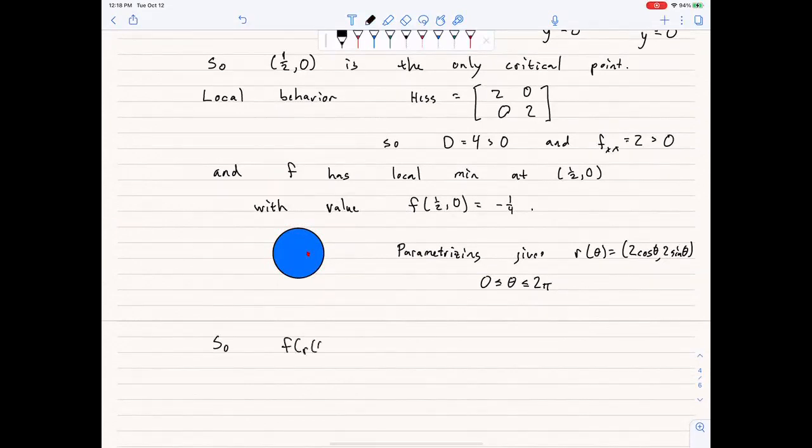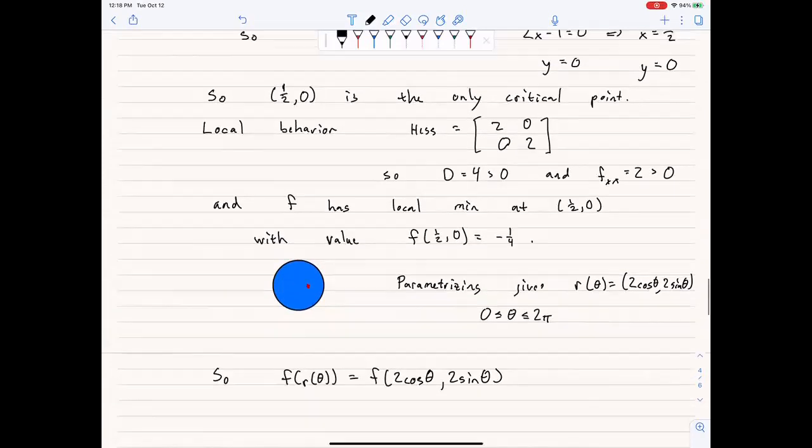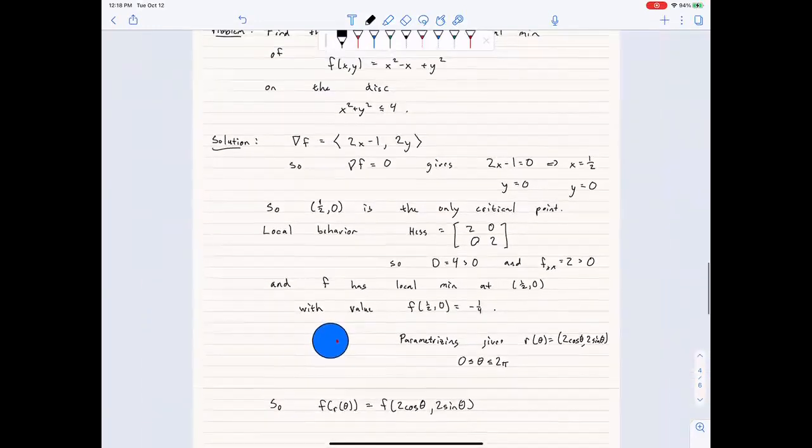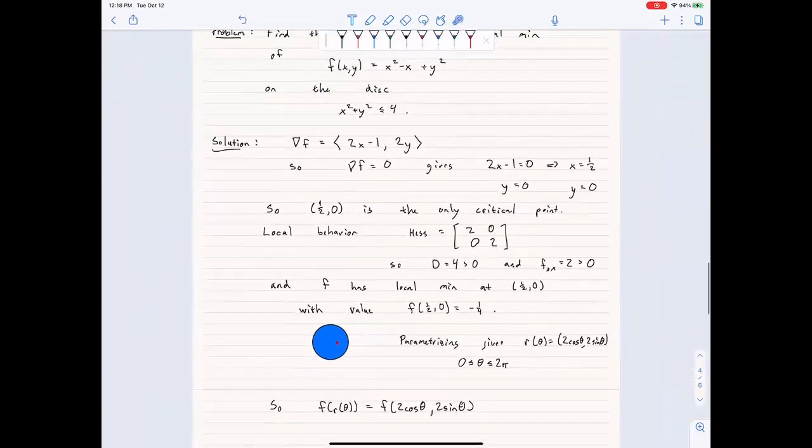F of r of theta, this is F of (2 cosine theta, 2 sine theta), which, looking back up at F, we get an x squared plus a y squared. And if I square these guys and add them together, I get 4. So that gives me 4 minus 2 cosine theta, just the cosine squared plus sine squared turns to 1.